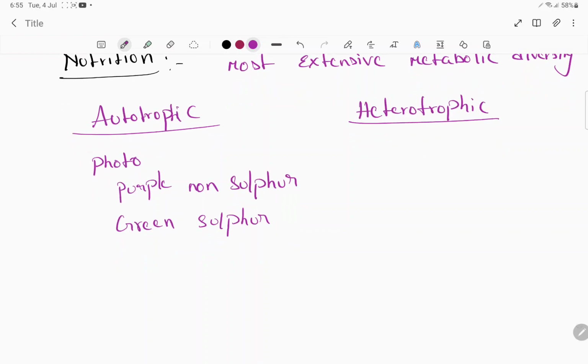Bacterial photosynthesis is anoxygenic. Usually in this type of photosynthesis, the source will be H2S, not H2O. So purple non-sulfur and green sulfur bacteria are the photosynthetic ones.